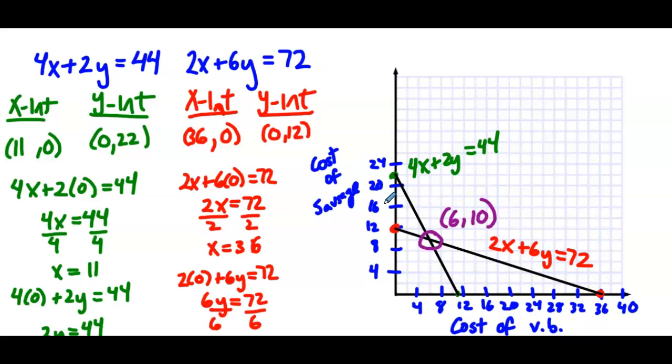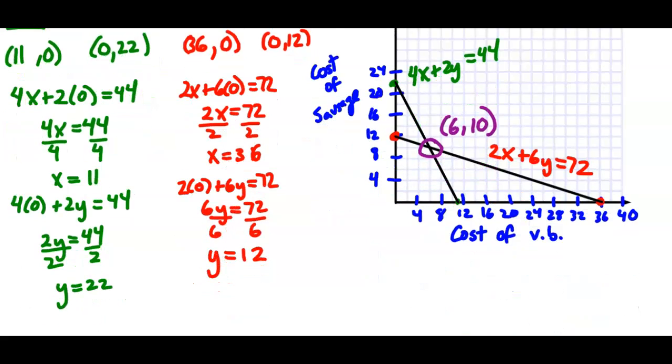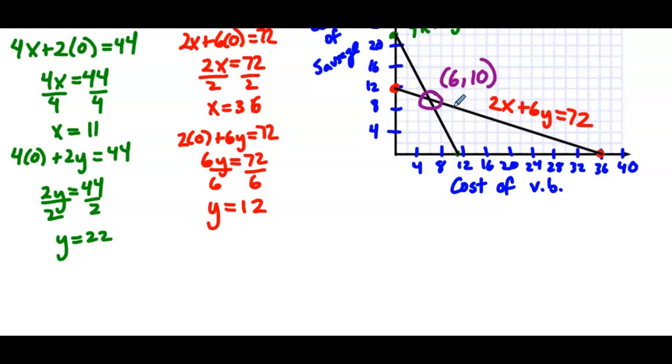And remember, what were we trying to figure out? We were trying to figure out how much one package of veggie burger and one package of sausage cost. So the point of intersection is going to solve for the value of x and y that solves this system. And x was the cost of a veggie burger, y was the cost of a package of sausage. So that's our solution. That tells us exactly how much one package of each costs.